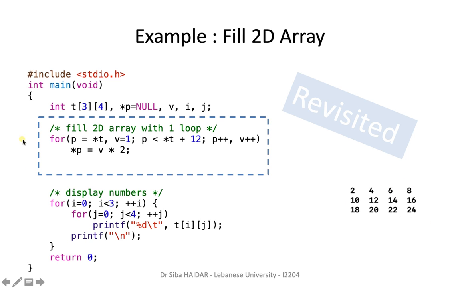This is how my beautiful loop has become. Of course, I could have also iterated the same way in order to display, but I chose not to, in order for you to be convinced that this is the same array. You can iterate it in the same program using one loop or two nested loops. So this is our fill2D array, and let's see what's next.